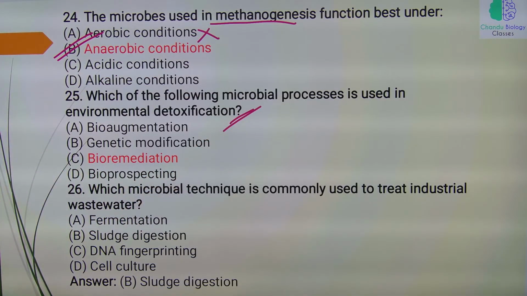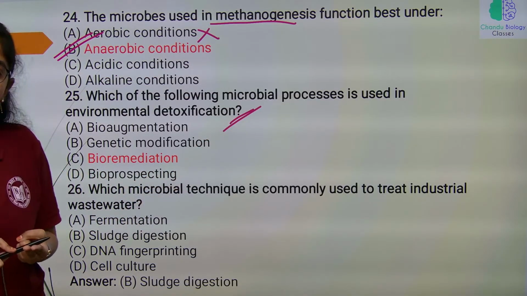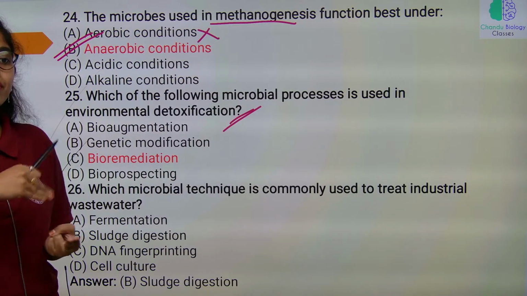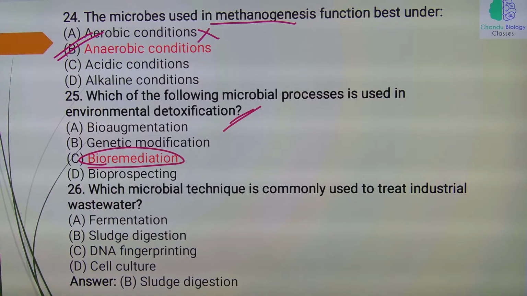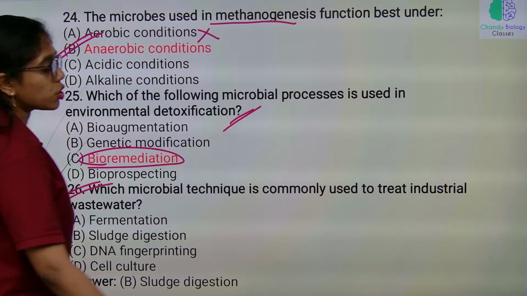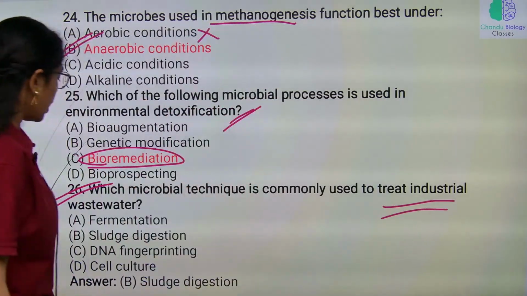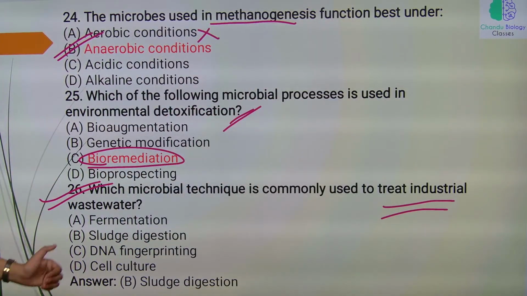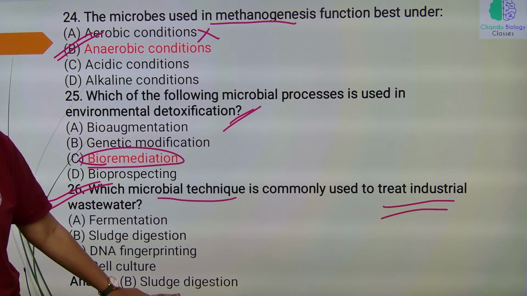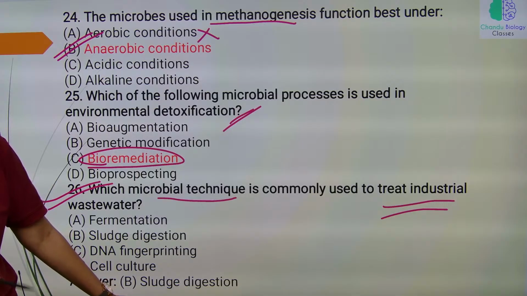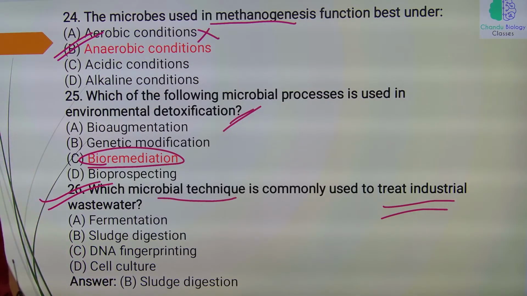Be it environmental detoxification or removal of organic pollutants, the process is bioremediation. Okay. Next, which microbial technique is commonly used to treat industrial wastewater? Sludge digestion. First by aerobic sludge digesters, next by anaerobic sludge digesters.